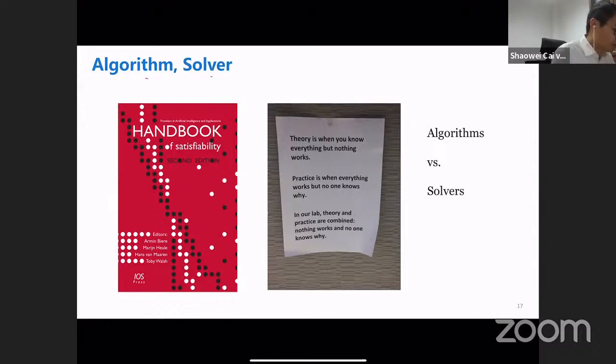For example, when we are talking about algorithms, we try to find some better bound. We try to improve the bound. And when we develop solvers, actually, we can't theoretically prove the properties of these solvers, but we use some heuristics to improve their practical performance. So there is a big gap between theory and practice, just like this joke here.